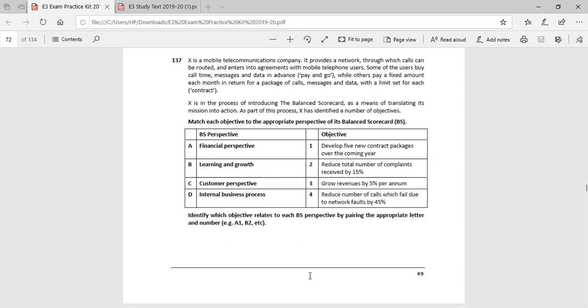So, financial perspective, what is it? Learning and growth. It's a very simple question.